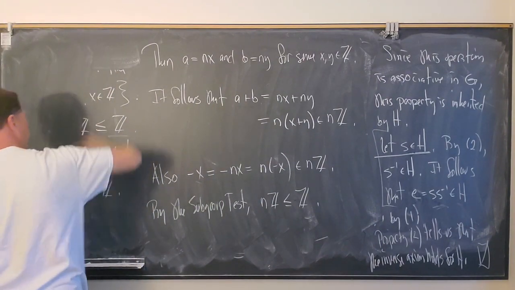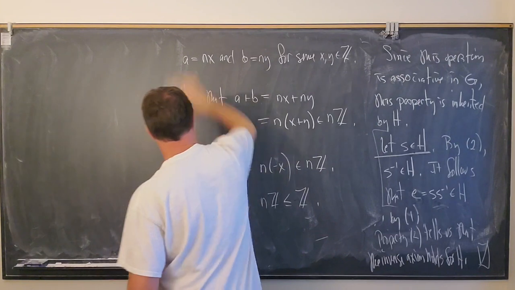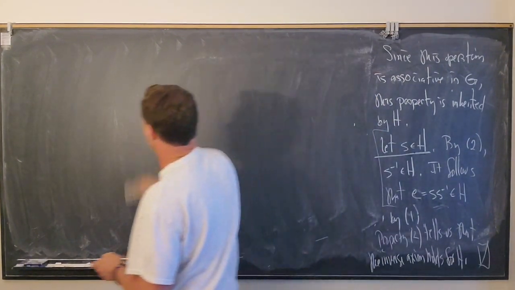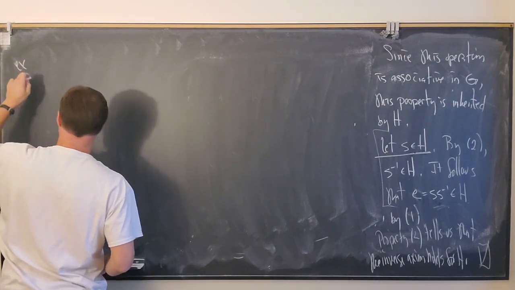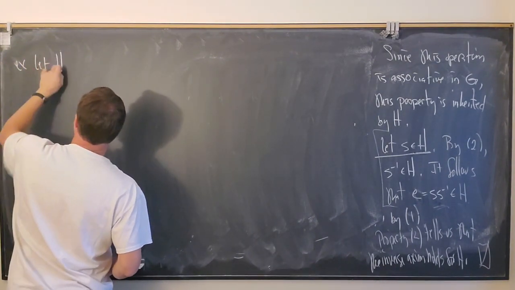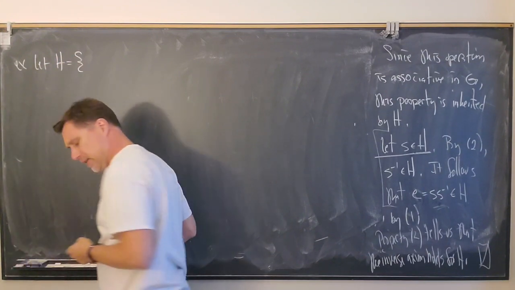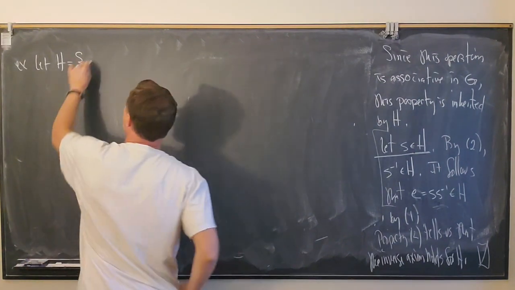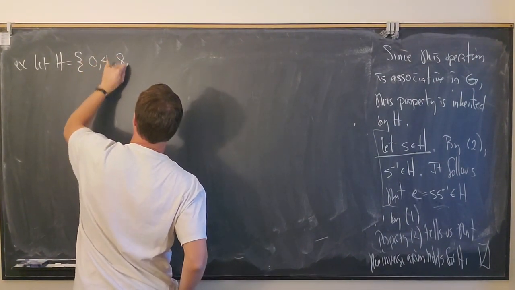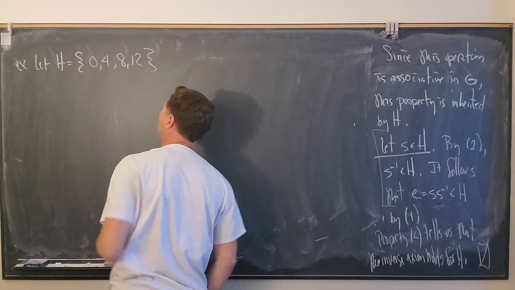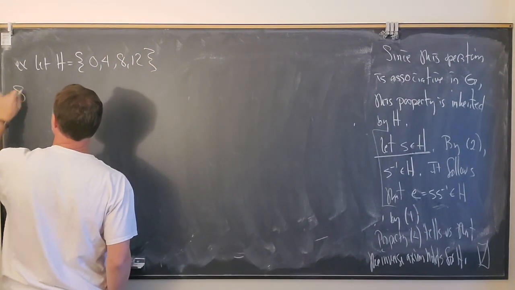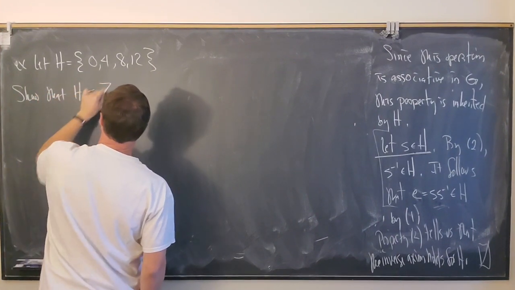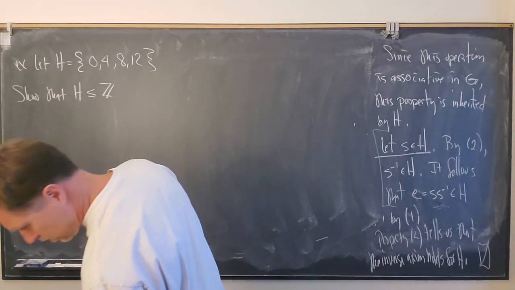Okay, next example. So let's let H equal the set consisting of the following integers, 0, 4, 8, and 12. And what we want to do is we want to show that H is a subgroup of, I think I want to do Z16.